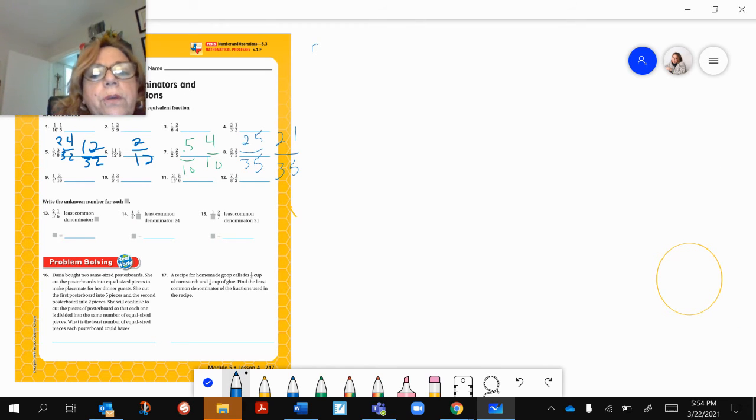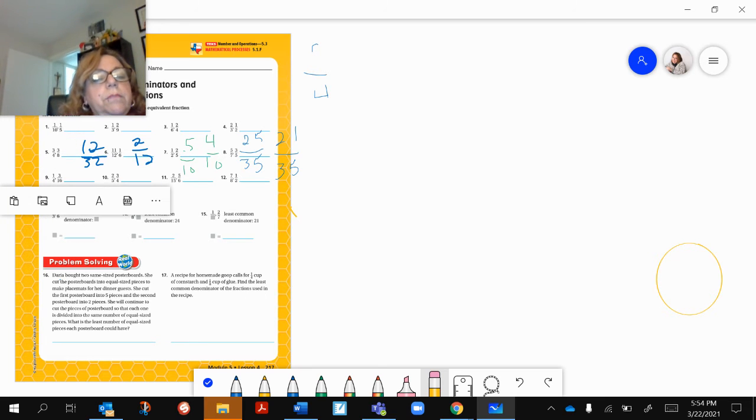Here I have 1/4 and 3/16. My glasses are kind of messing up right now.